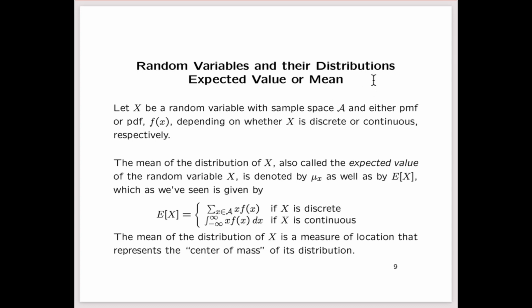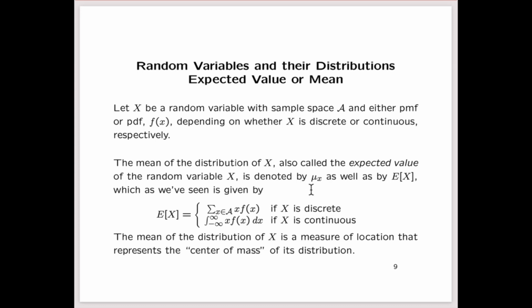So let x be a random variable with sample space script A, and then also either PMF or PDF, lowercase f, again depending upon whether x is discrete or continuous. Now the mean of the distribution of x, which is also the expected value of x, we can define in two ways.